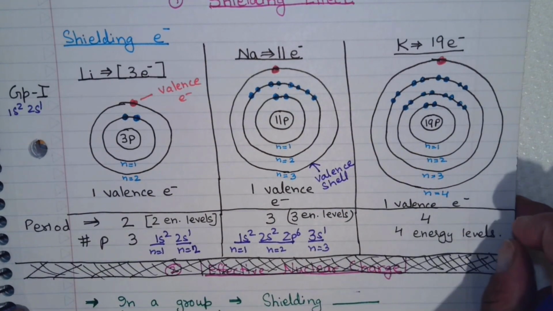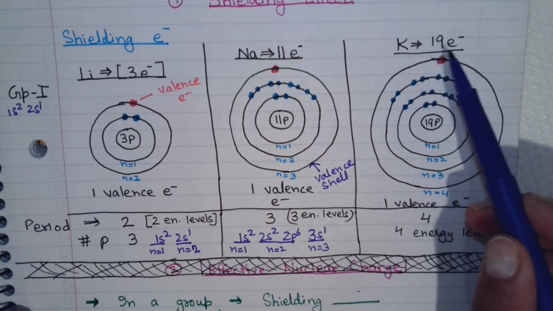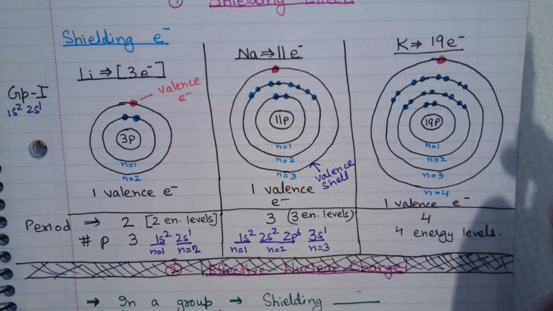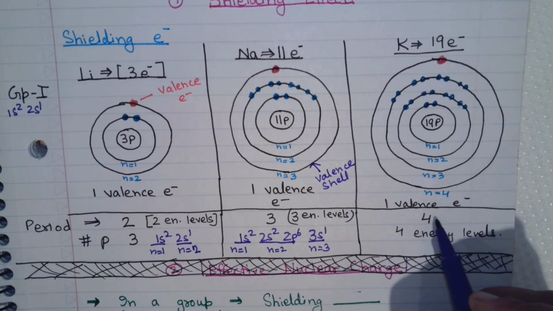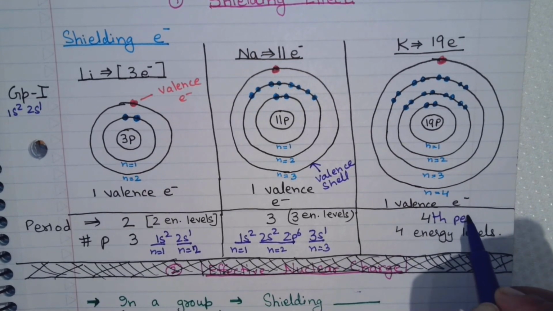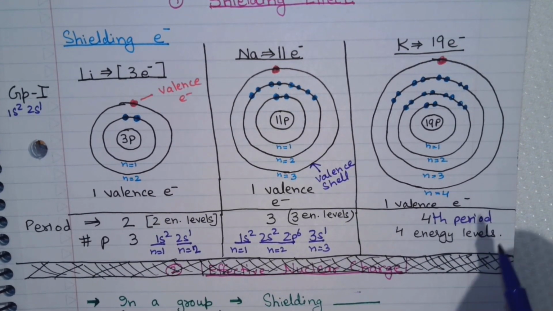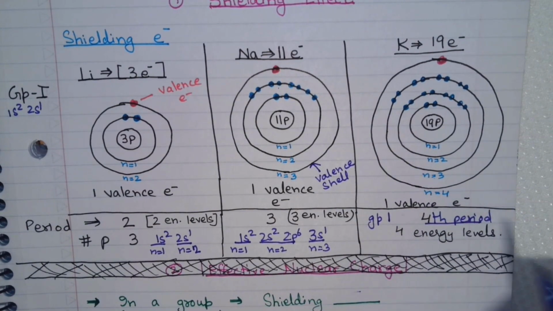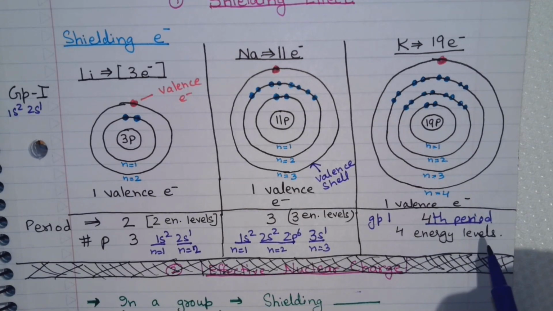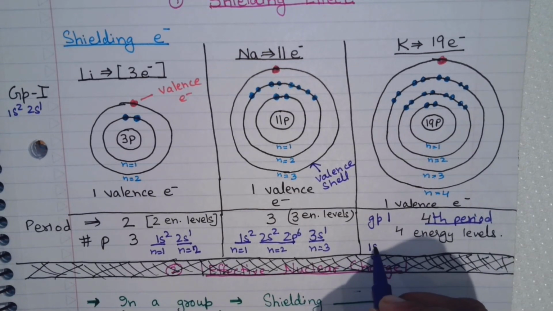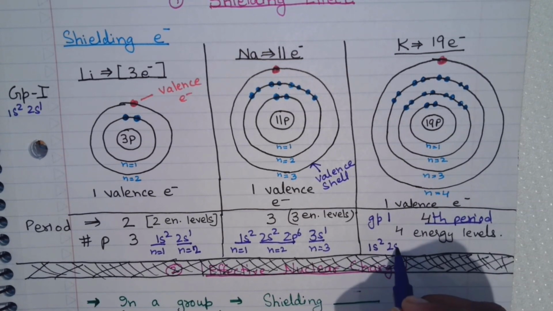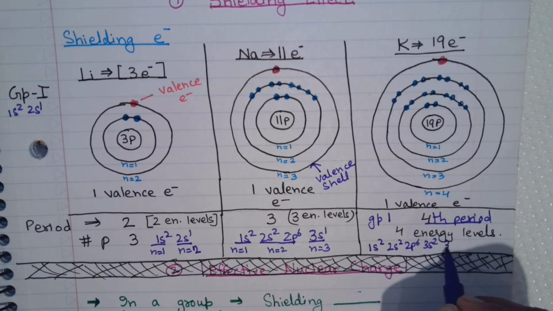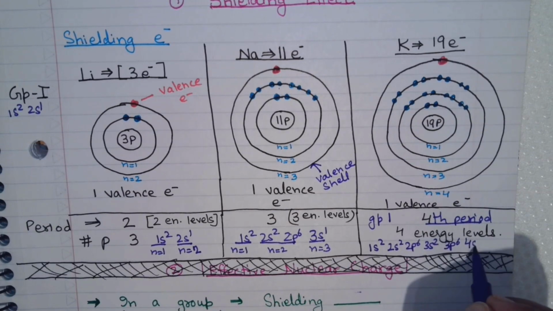Now let's go to potassium, which has atomic number 19. It has 19 electrons and is in the 4th period and group 1 of the periodic table, so it has 4 energy levels. The configuration is 1s2, 2s2, 2p6, 3s2, 3p6 and 4s1.